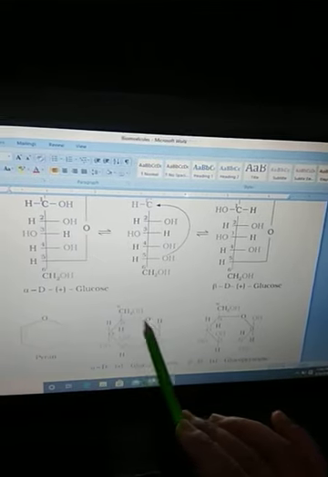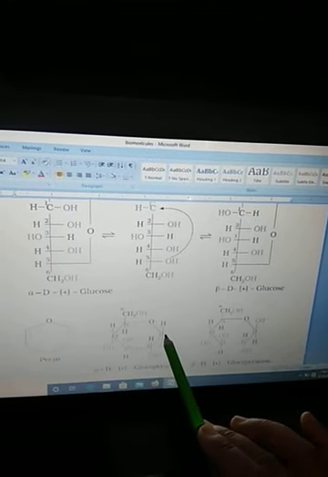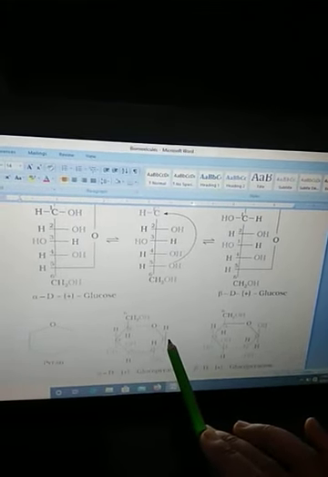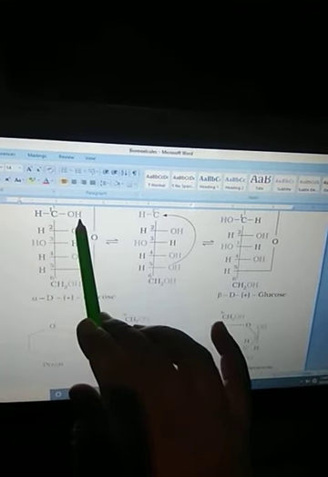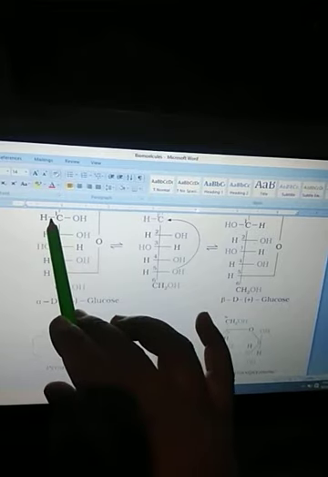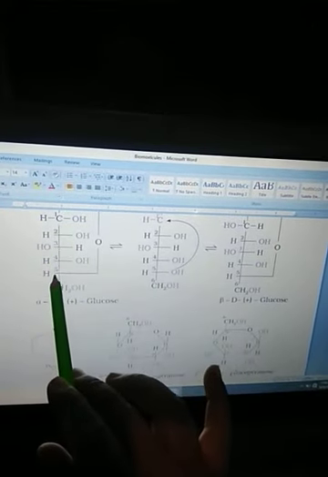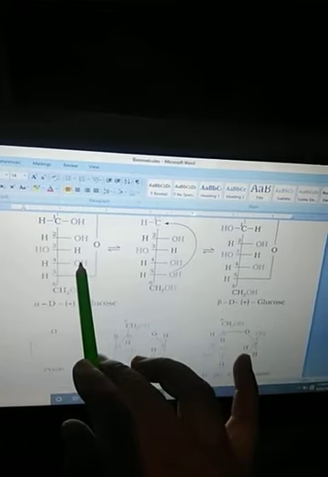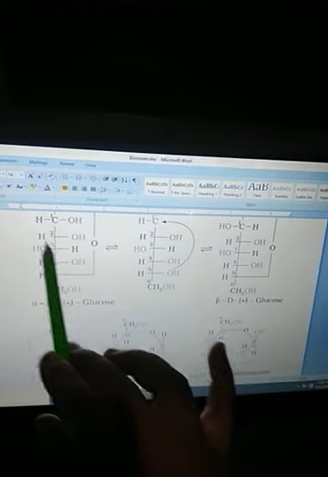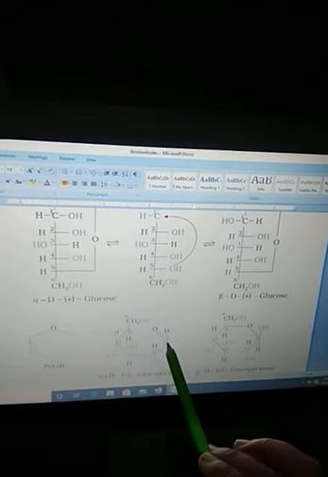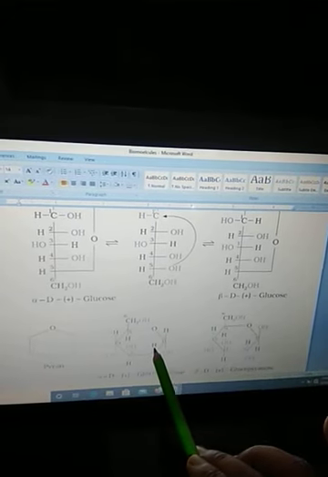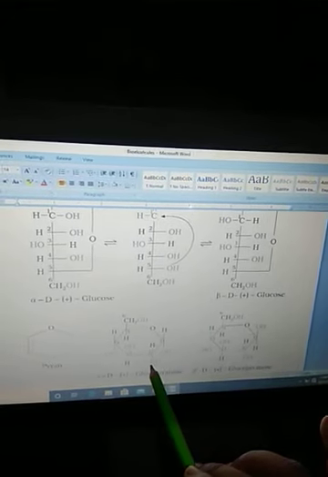Now at carbon number 1, if you see this one, H this side and OH this side. The groups which are on this side are written up, and the groups on this side are written down. So at carbon number 1, H is up and OH is down. At carbon number 2, once again H is up, OH is down.